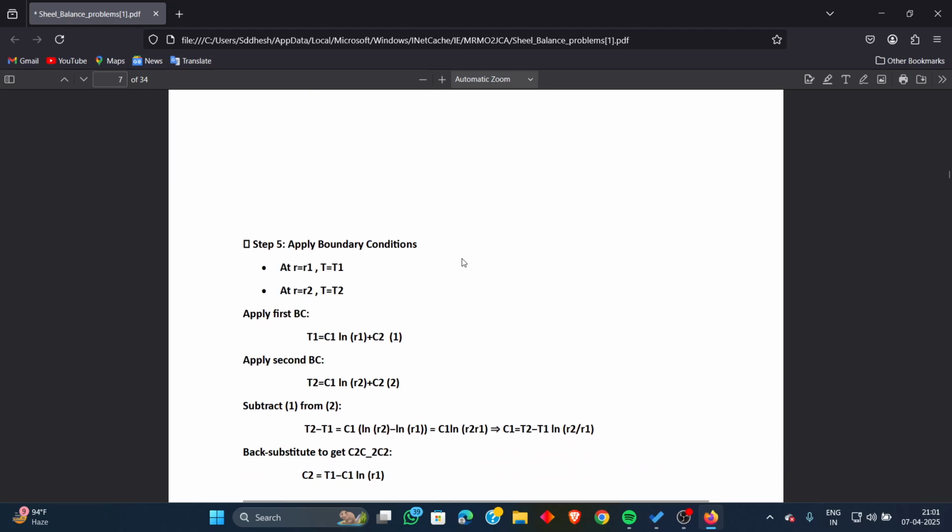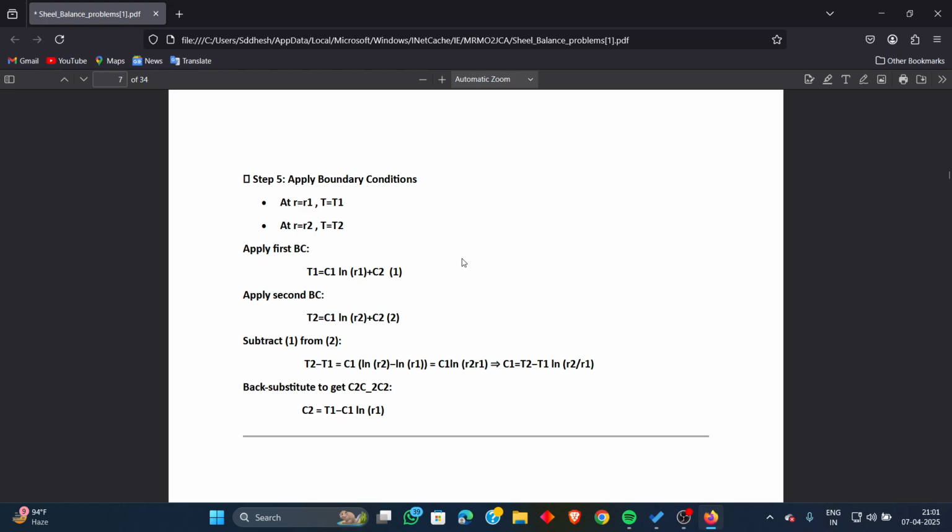Step 5 is apply boundary conditions. At r equal to R1, T is equal to T1, and at r equal to R2, T is equal to T2. Applying the first boundary condition, T1 is equal to C1 ln R1 plus C2, that's equation 1.